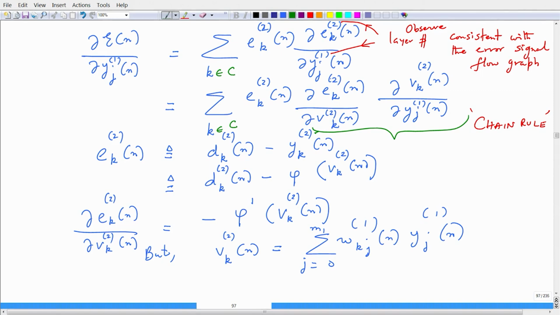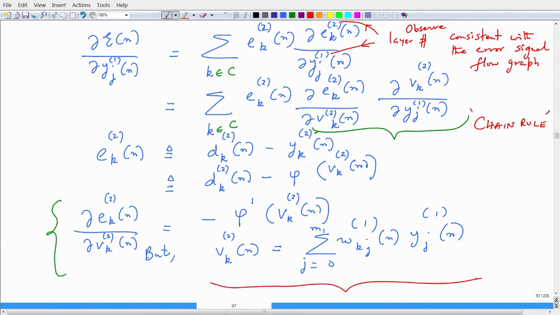So this is d_k(n) in layer 2 minus phi of v_k(n) in layer 2. Now with this, computing the partial derivative of e_k(n) with respect to v_k(n) is straightforward. This is negative derivative of the activation function evaluated at node k, right. This is the local reception field. This is straightforward, but v_k(n) is this.